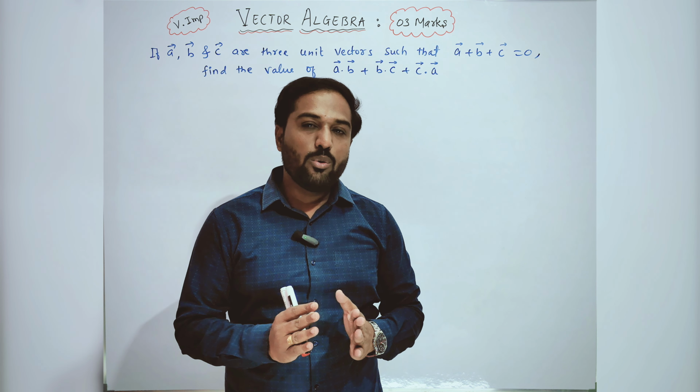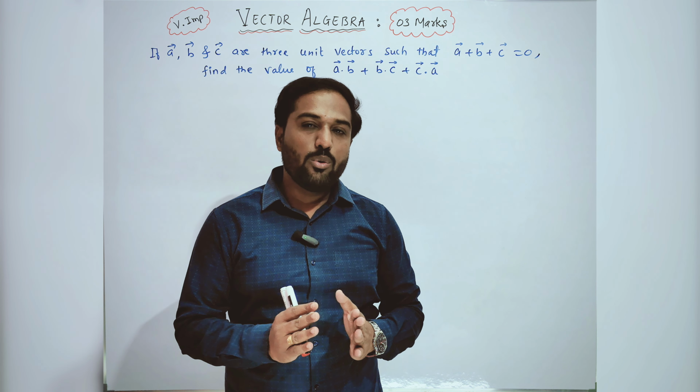In general we write AB, BC, CA as A into B, B into C, C into A. According to vectors, A into B means A dot B, B into C means B dot C, as well as C dot A, and we'll take 2 as common. Using that formula we can find this using the given data.